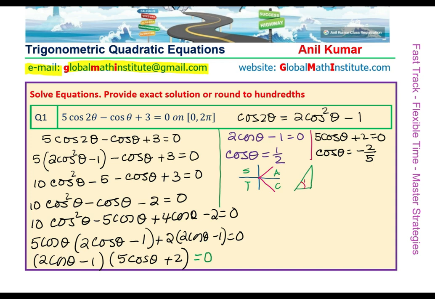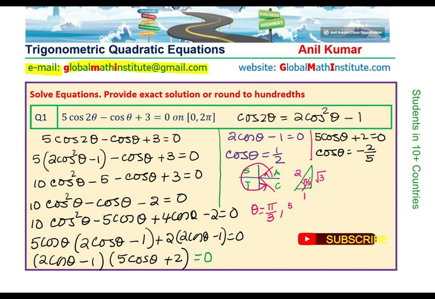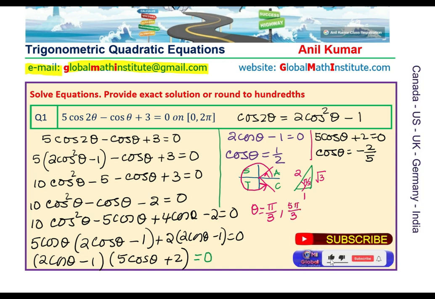And the angle is pi by 3. Pi by 3 gives you half. And therefore, we know theta is equal to pi by 3 and this angle, right? Which is 5 pi by 3. So we got these two solutions for one of the factors.